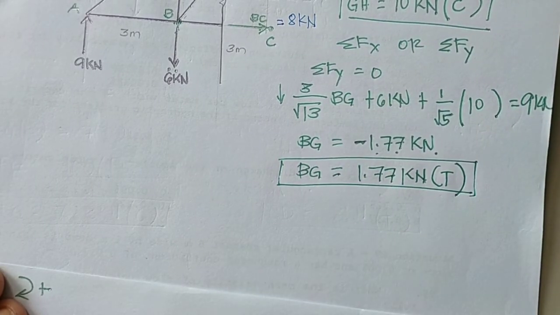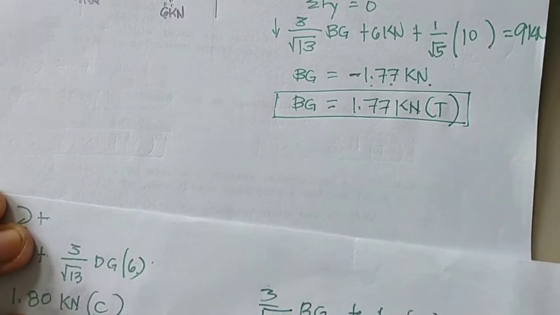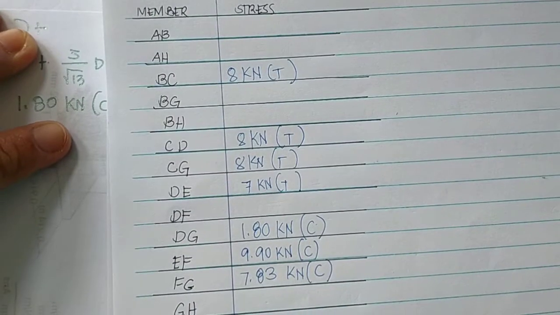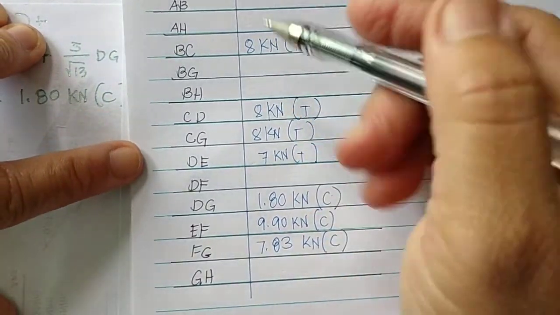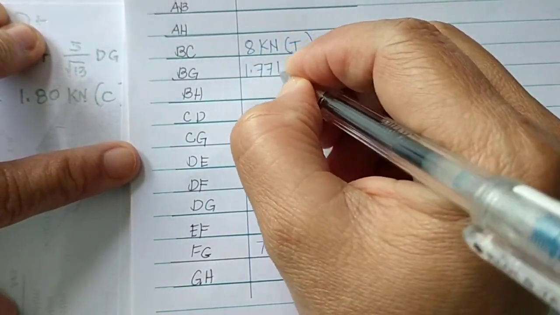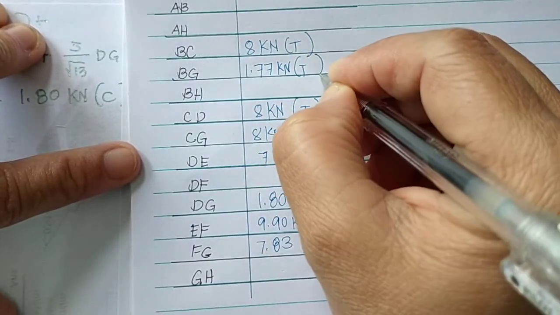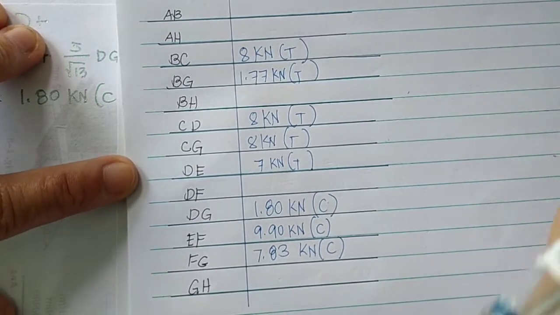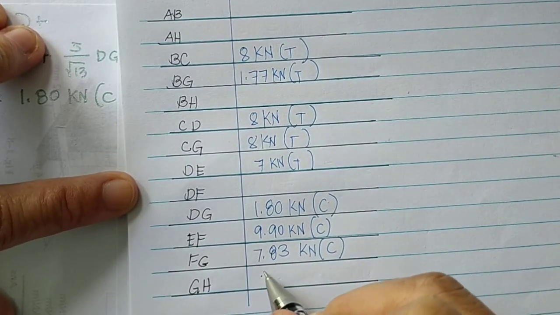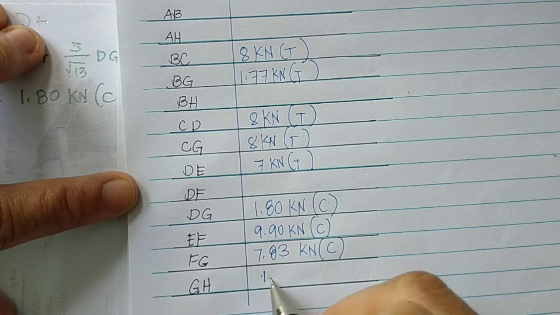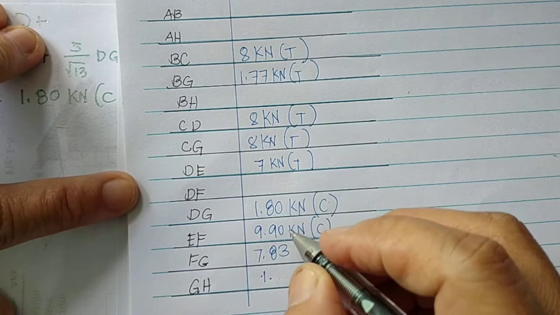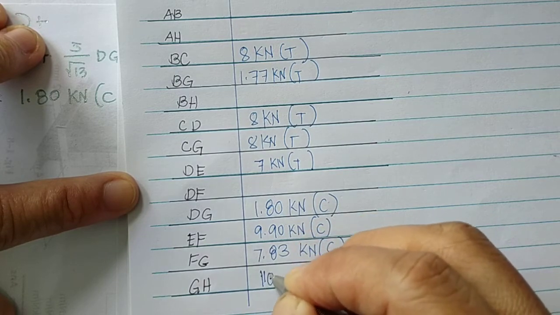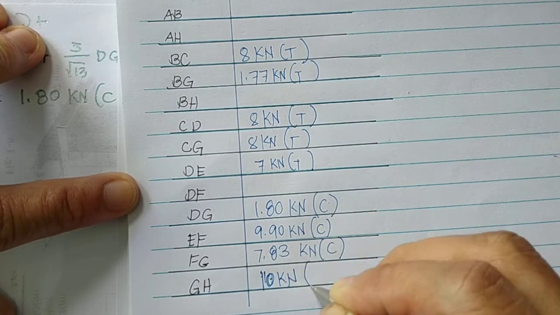Okay. So put all the computed values here. So GH and BG. BG is 1.77 kilonewton tension, and GH is 10 kilonewton compression.